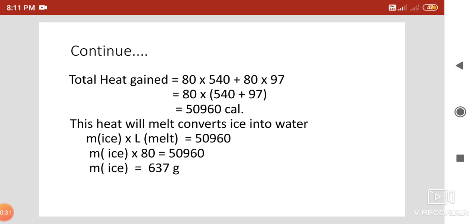On solving, the mass of ice multiply 80 equals 50,960. Then on simplification the mass of ice will be 637 gram. It means 637 gram of ice will melt and 50,960 calorie of heat will be given to the ice.